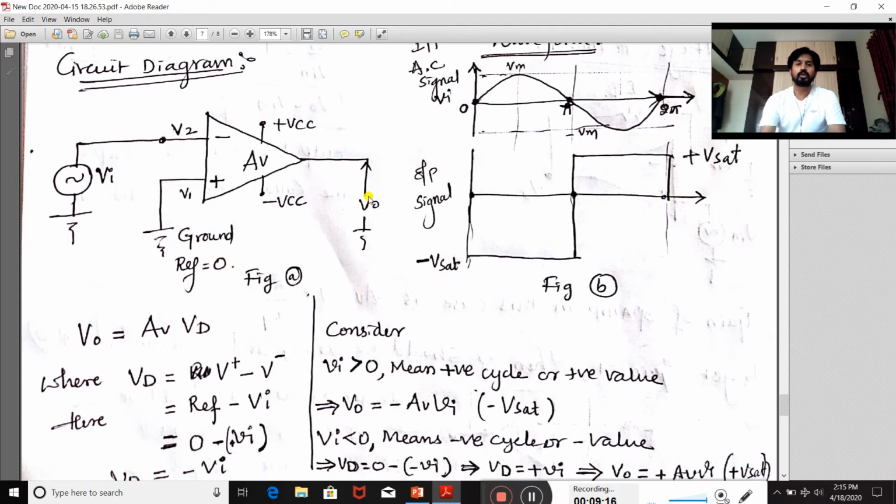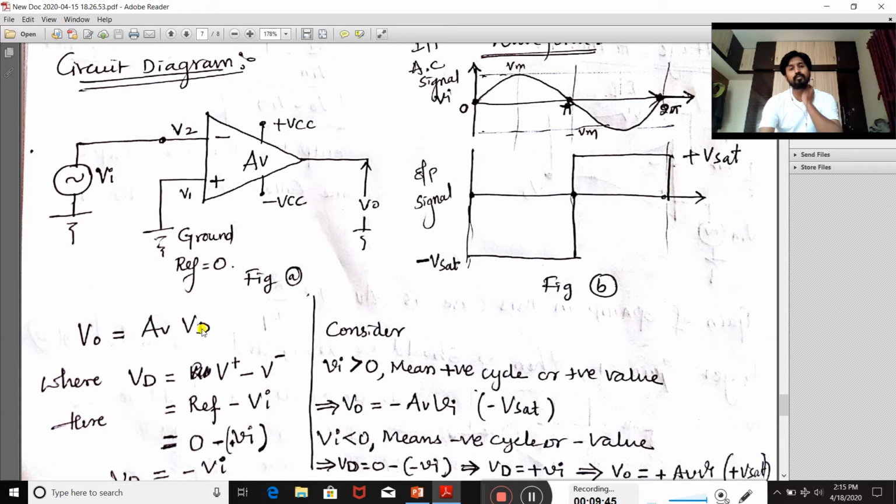Now we know the output is available at this, that is V naught, and V naught is given by the equation AV into VD, where AV is the gain of the operational amplifier and VD is the differential voltage. How do we write VD? That difference voltage can be written as V plus minus V minus or V1 minus V2.